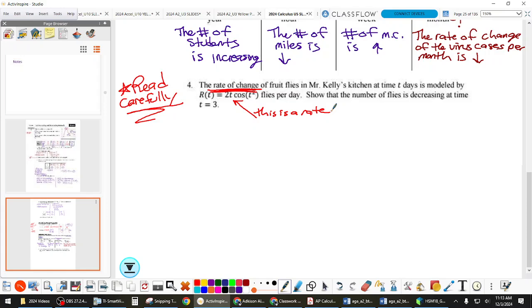So show the number of flies is decreasing at 3. So the question is, do we use this function or do we need to take its derivative? We use the function. Yeah. So since it's a derivative, use it to determine. So you just plug in 3, right? Yeah, so we'll just use R of 3.